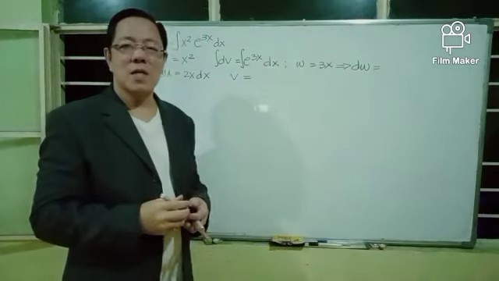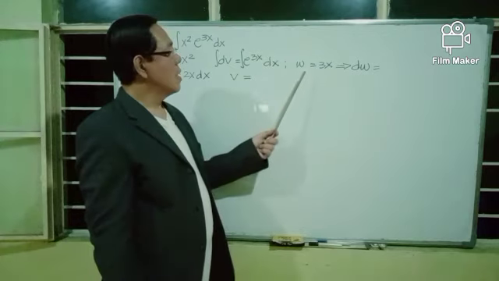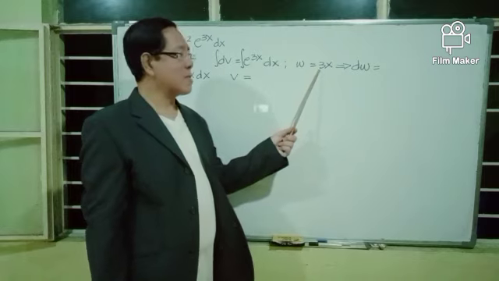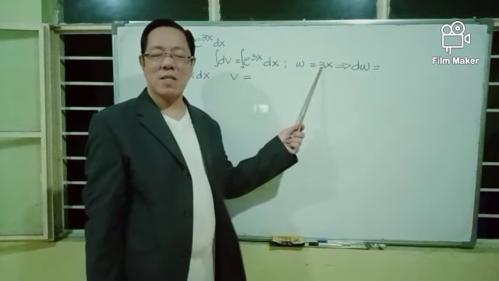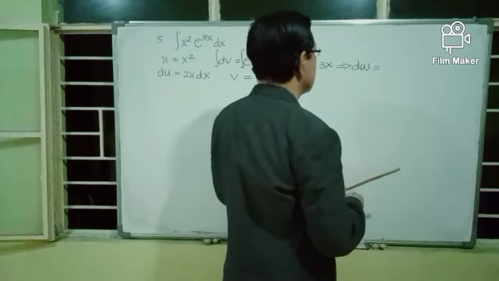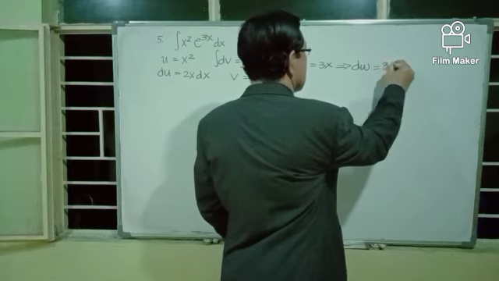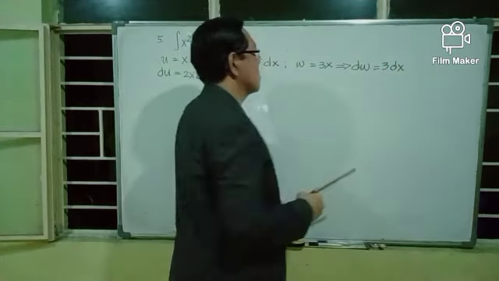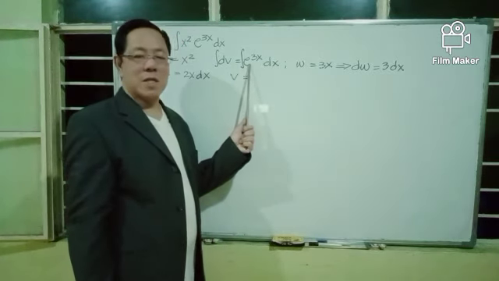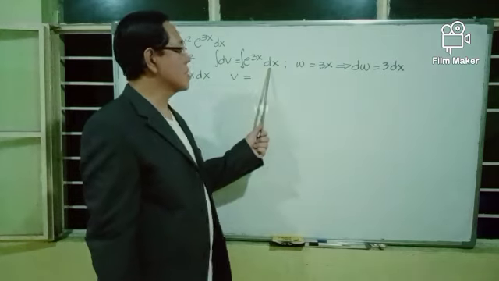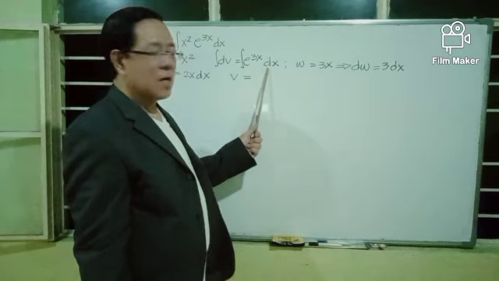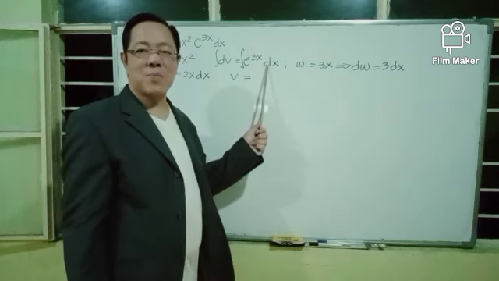We are actually using simple substitution. We also get the derivative of 3x with respect to x. The derivative of 3x with respect to x is 3 multiplied by dx. And in the integral of e to the 3x dx, we must replace dx with an expression in terms of w.